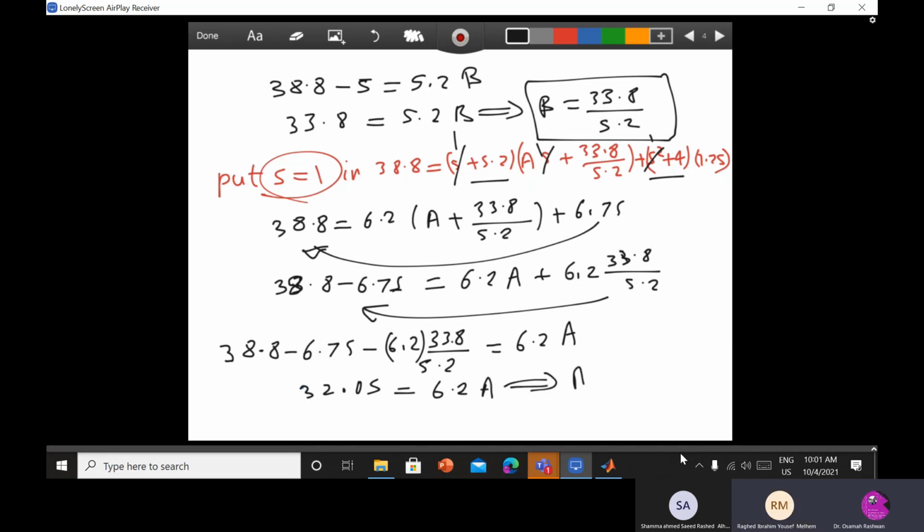So A will equal to 32.05 over 6.2, right? Now I have A and B and C.